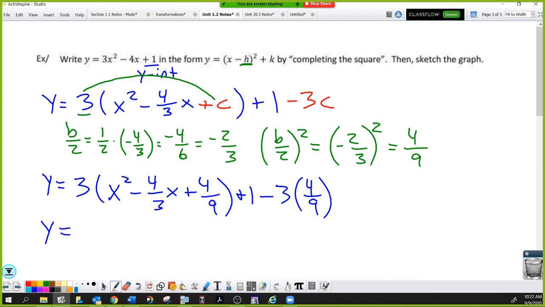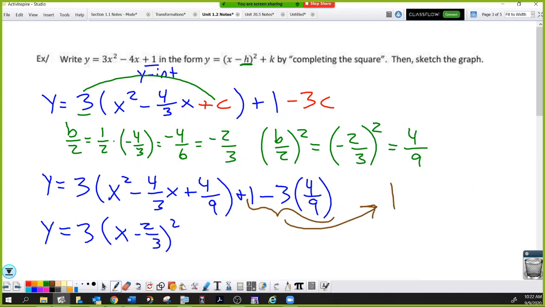So that set of parentheses is now a perfect square trinomial. We have the 3 on the front. We have a set of parentheses squared, x, and then that b term, which was -2/3. Like that. Now on the far right, because I'm trying not to take up too much vertical space, I'm taking this stuff here and I'm just going to do it over here.